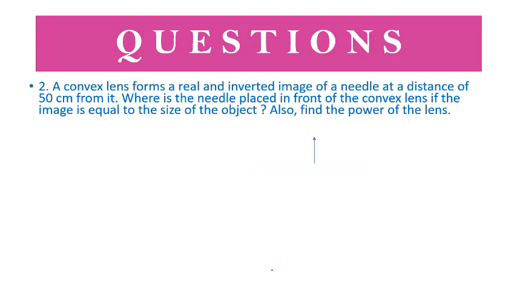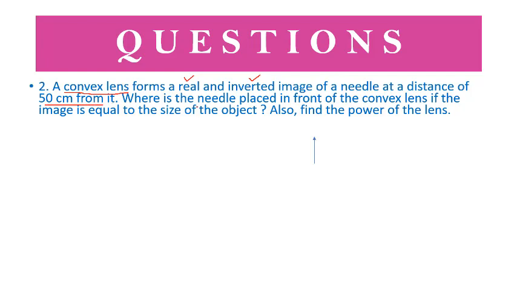A convex lens forms a real and inverted image of a needle at a distance of 50 cm from it. Where is the needle placed in front of the convex lens if the image is equal to the size of the object? Also find the power of the lens. Let us find what kind of lens they are using. It is a convex lens, which forms a real and inverted image of a needle at a distance of 50 cm from it.